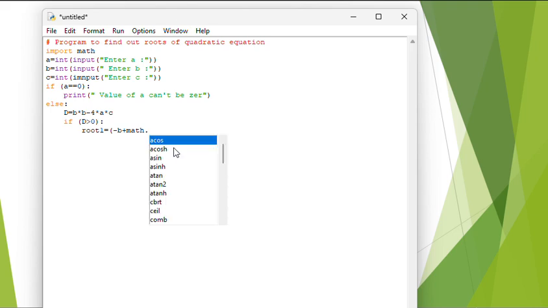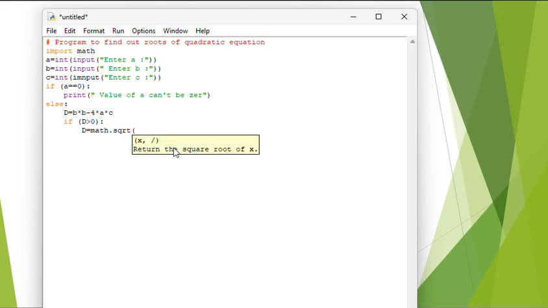Now in both the cases we have to calculate square root. So what we can do, we can even find out square root and we can store into temporary variable. You can say s, or you can say capital D equals to math.sqrt(d).